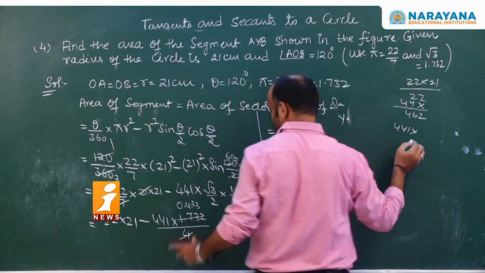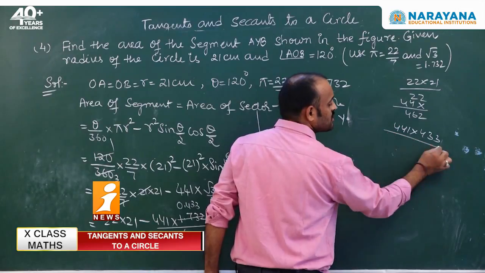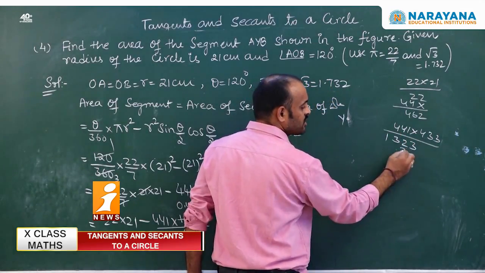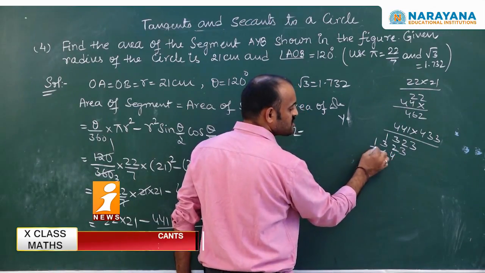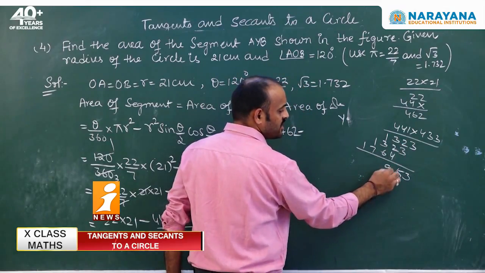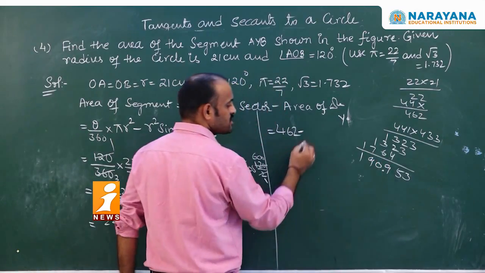I will forget the decimal places first. I will multiply, then I will keep the decimal places. 3 into 441, and so on, giving 190953. So 3 decimal places.